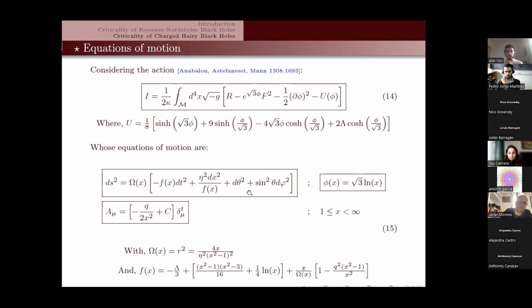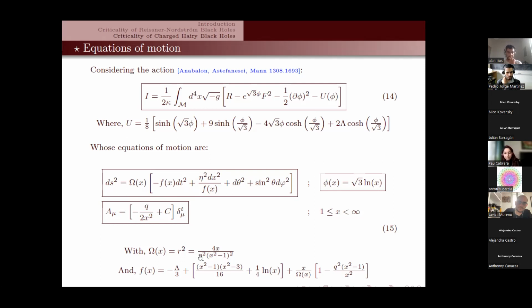And the equations of motion are this, where eta is an integration constant of the theory. And we can see that it's still spherically symmetrical because omega, the conformal parameter, represents this change of coordinates.